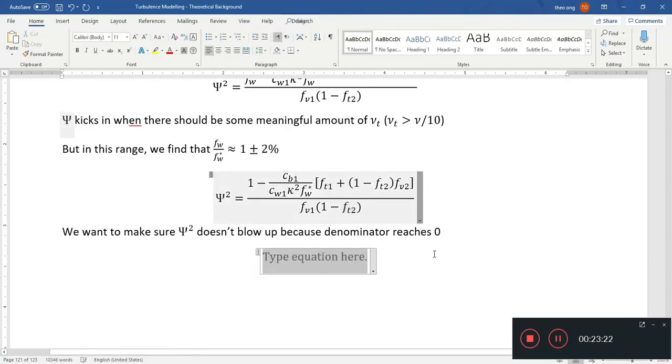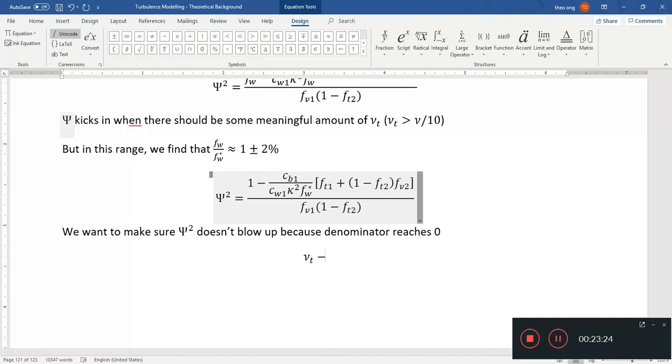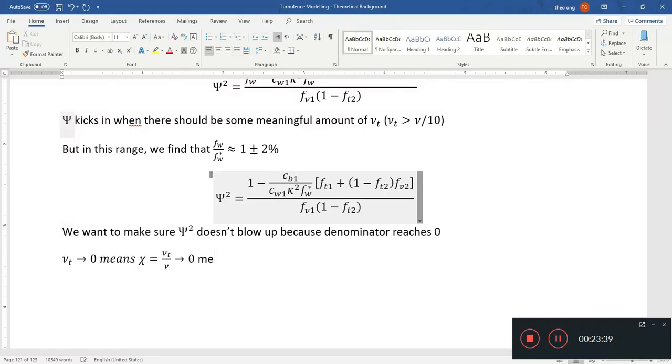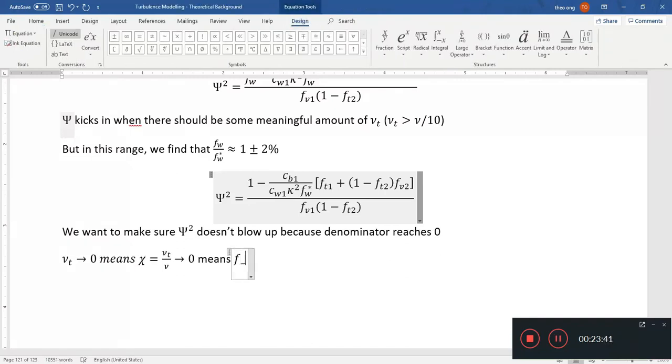So nu t approaches 0 means chi approaches 0. So chi equals nu t divided by nu, and so ft2 approaches 1.